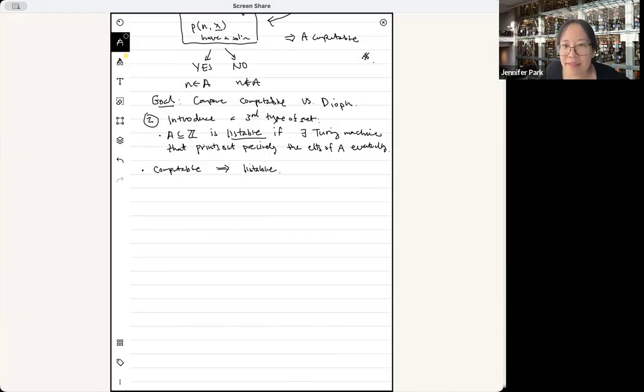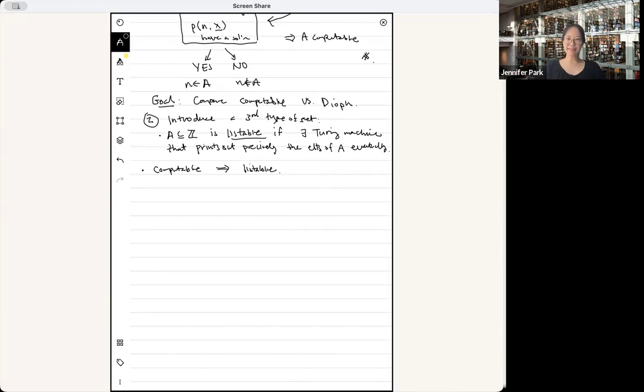A set A can be listed after an infinite amount of time, and it is still listable. Technically, yes. If you look at a specific element of the set, then at some finite time it has to be printed. But of course, the set itself is infinite, so you're essentially letting it run forever. If an element is in the set, at some point it will be printed. But if it's not in the set, then you just don't know.